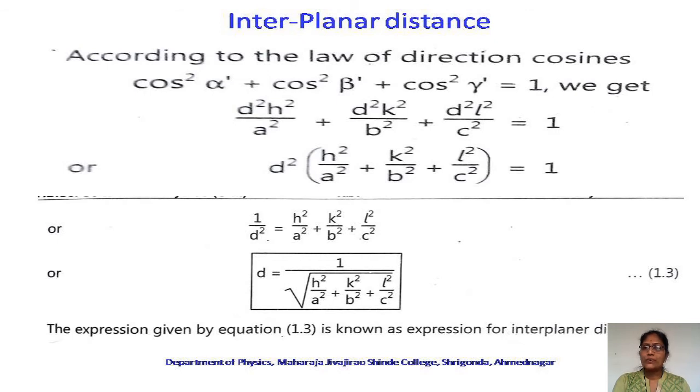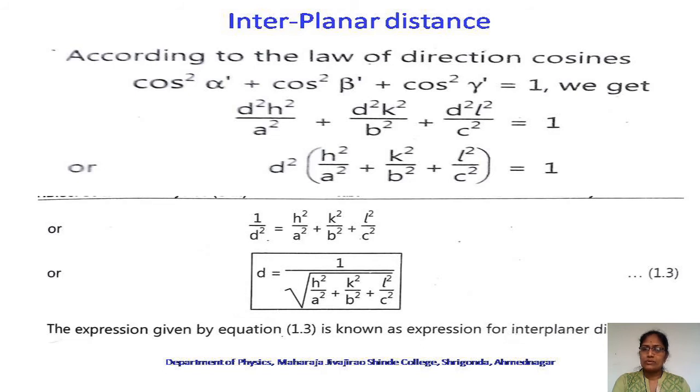Now we will try to calculate the d value for a few of the crystal systems, that is, for cubic system and tetragonal system. As we know, in case of cubic system, a is equal to b is equal to c, that is, all lengths are equal and all angles are equal to 90 degrees.